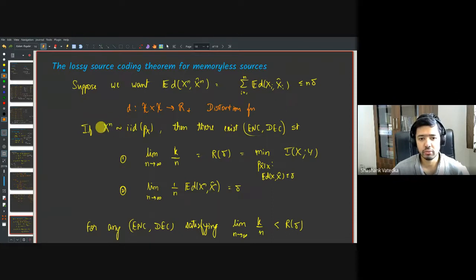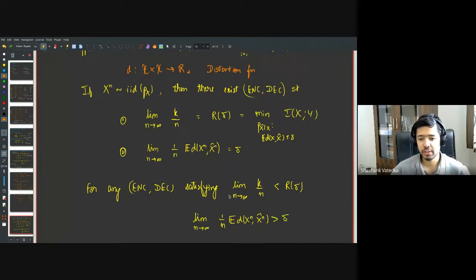Then it turns out that if X^n is an IID sequence, then once again we can make a similar statement. We can construct encoders and decoders for which the asymptotic rate is less than or equal to this function R of delta, and the expected distortion, the average distortion, is at most delta. And if we try to compress at a rate strictly less than this function R of delta, then the average distortion must be greater than delta.